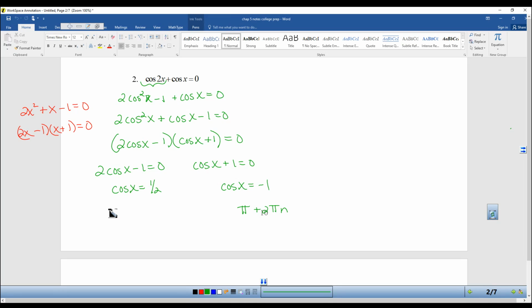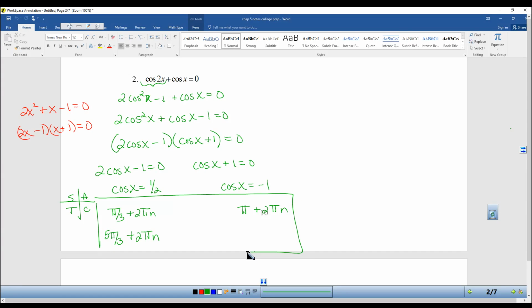Cosine of x is equal to 1/2, and that happens at pi thirds plus 2 pi n. And cosine is also positive in quadrant 4, and pi thirds in quadrant 4 is 5 pi thirds, and again plus 2 pi n. None of these answers overlap like last time, so I can just go ahead and put a box around all of them.